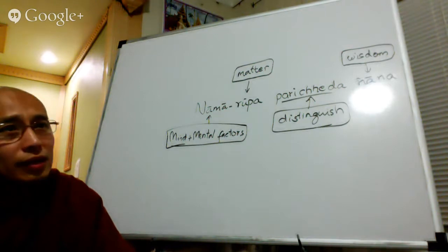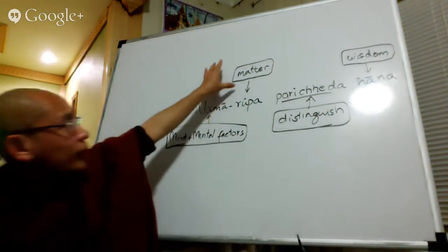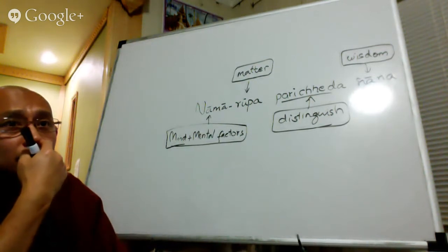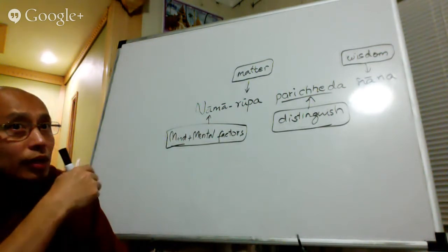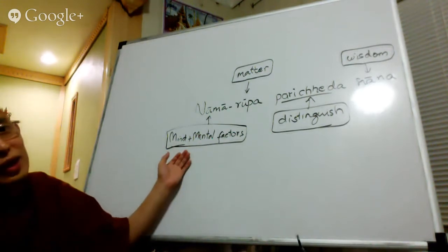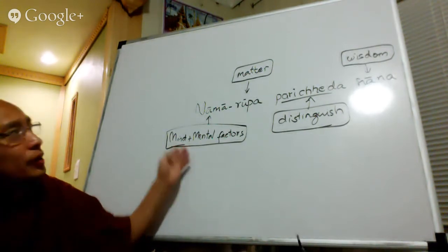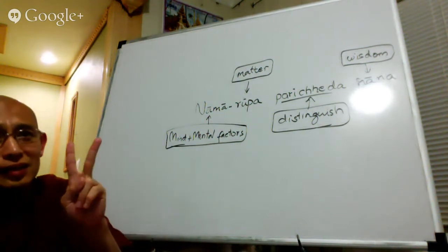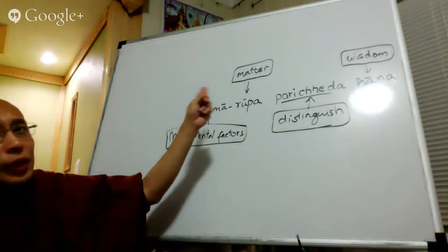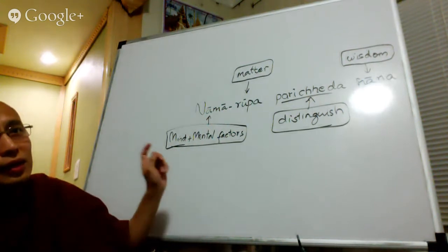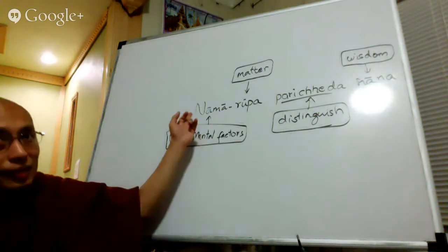Never appear. Because of air touching at the nostril, at the touching point, body consciousness appears. Only at that moment, only two things: matter, the wind element, and mind, manifest as nama.